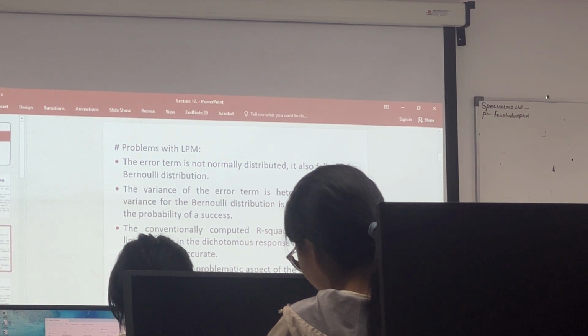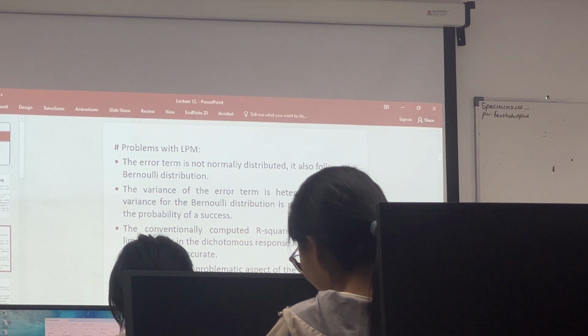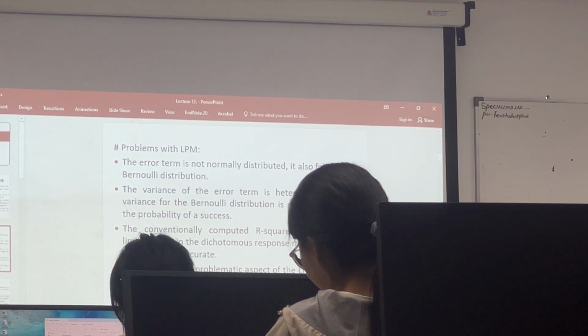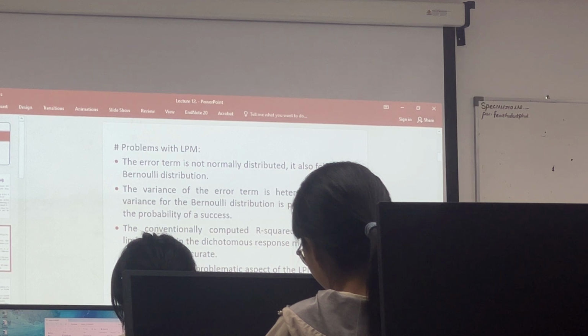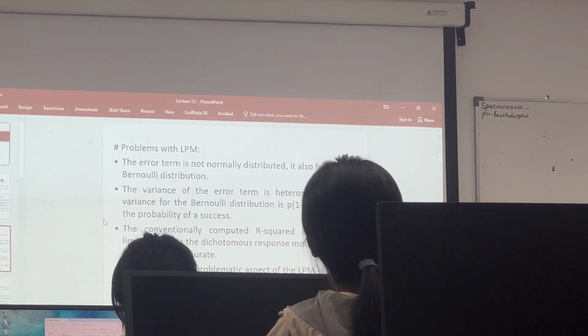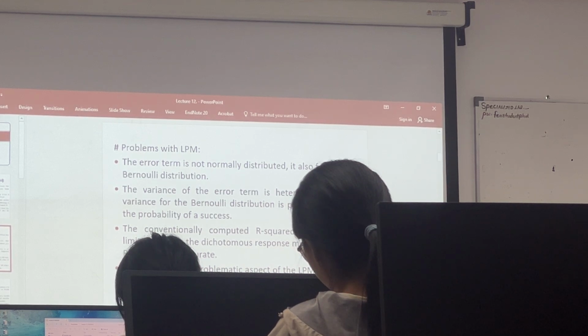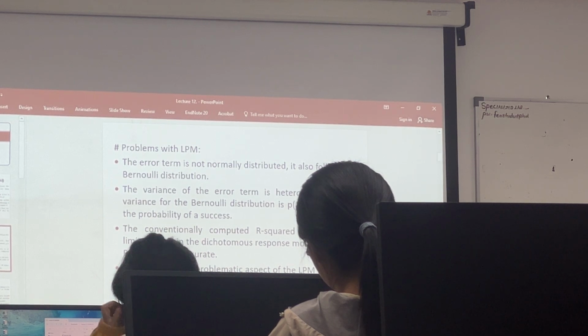So the expected value must be between 0 and 1. But when we regress the dummy variable against other regressors, it's possible that our y hat fitted value is not between 0 and 1. It may be less than 0, and it may also be greater than 1.